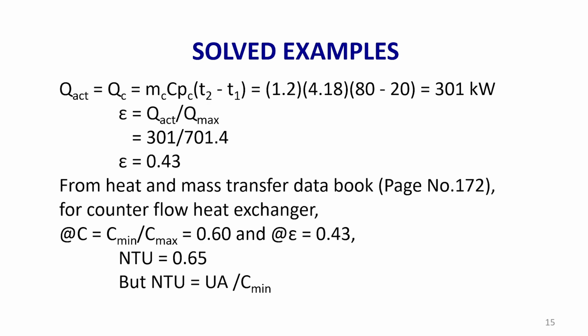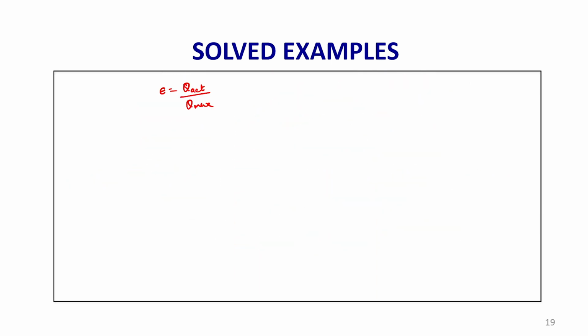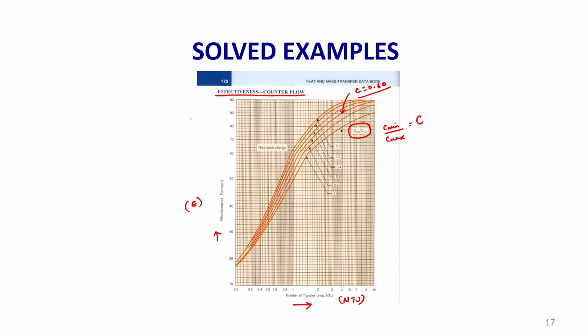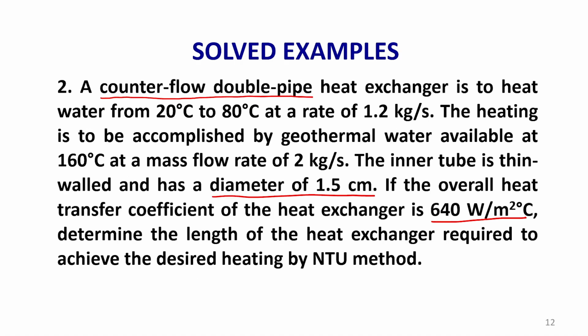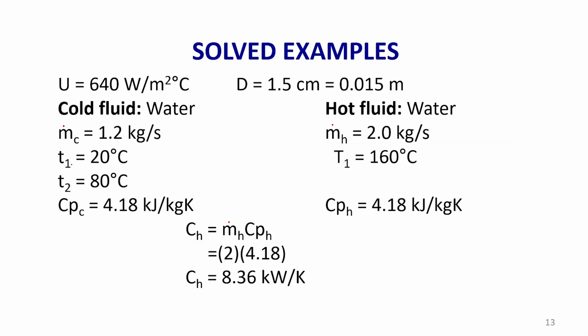Q actual is equal to mass flow of the cold fluid into Cp of the cold fluid into T2 minus T1. All these values are given. T1 we know, T2 we know, mass flow rate we know, Cp of water we know.